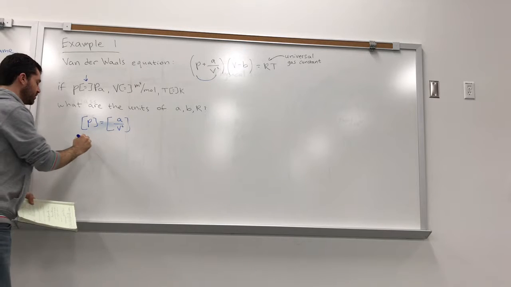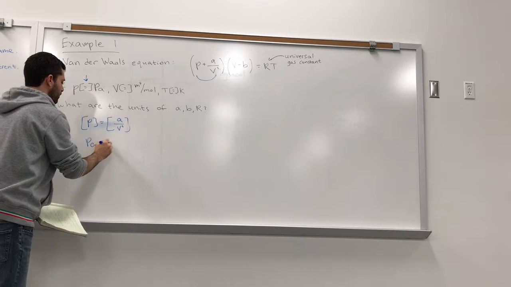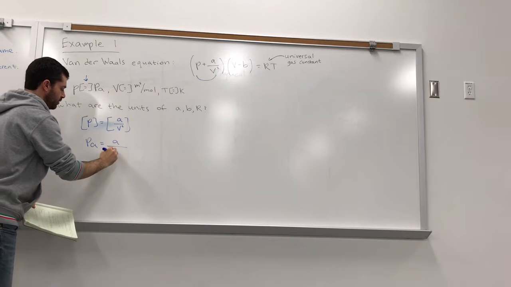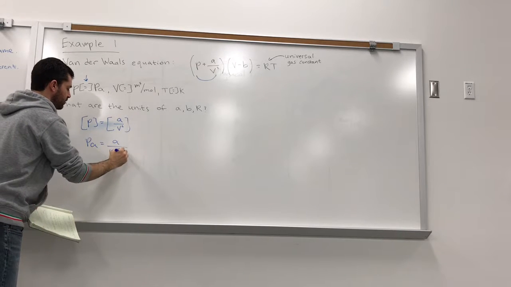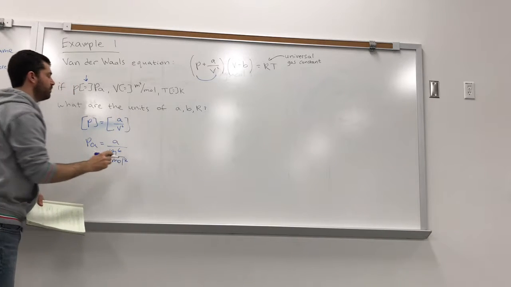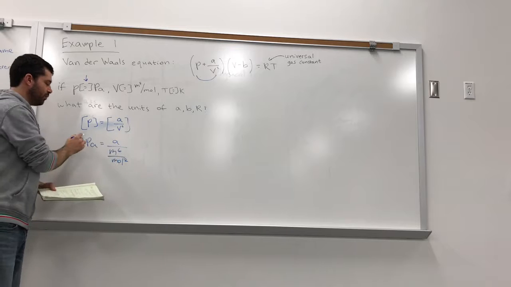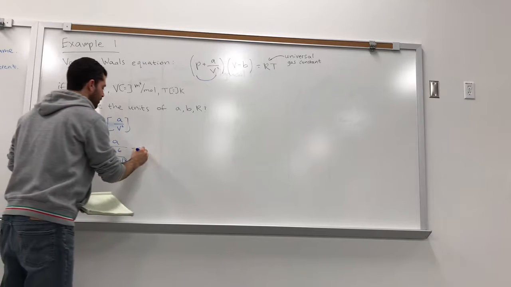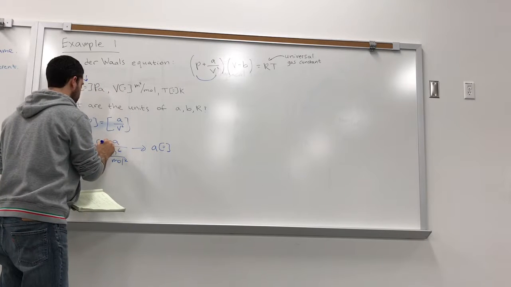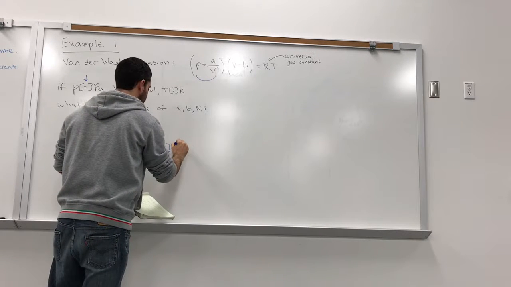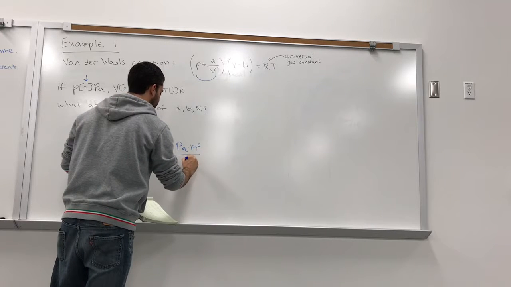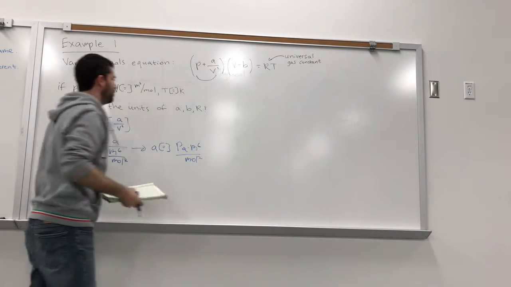And we know that P has units of pascals, and we know that V squared is going to be meters to the 6 divided by moles squared. And so by multiplying this over to the other side, we get that the units of A are going to be Pascal times meters to the 6 divided by mole squared.